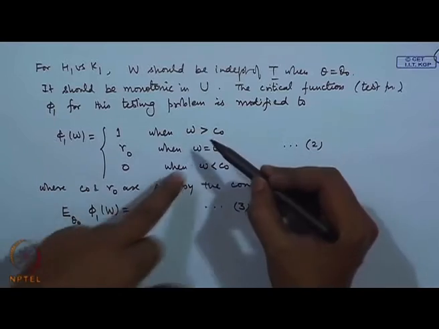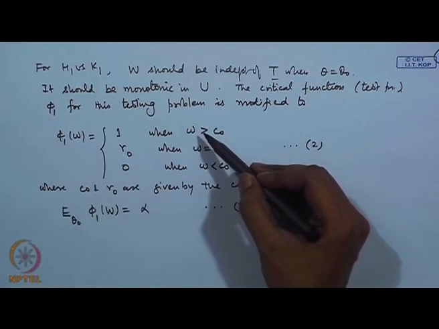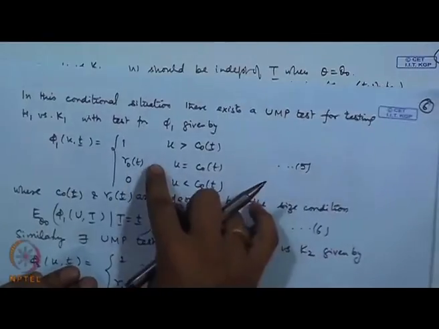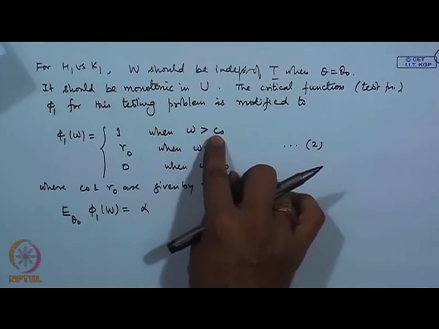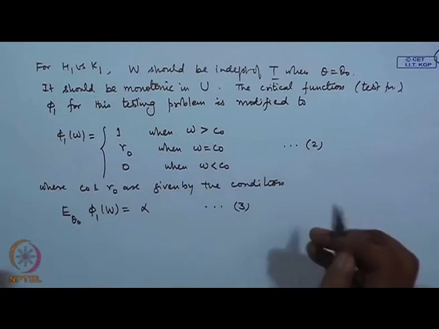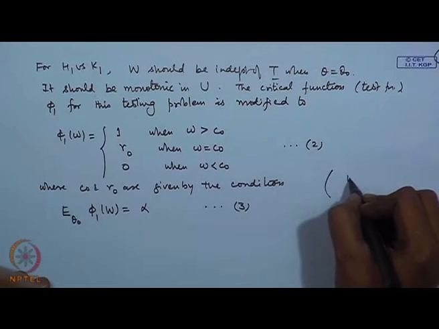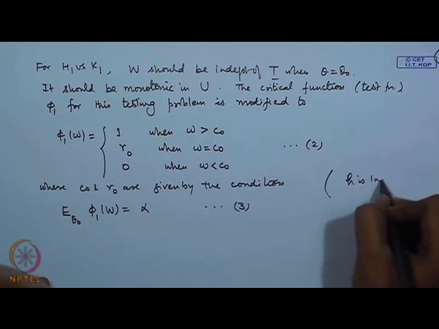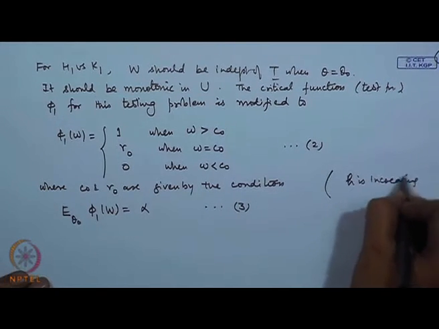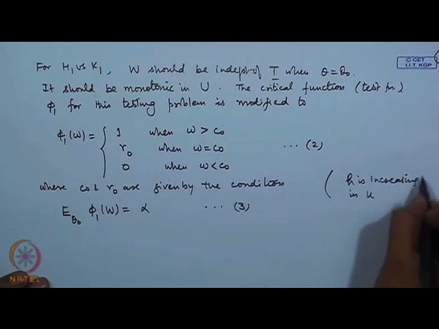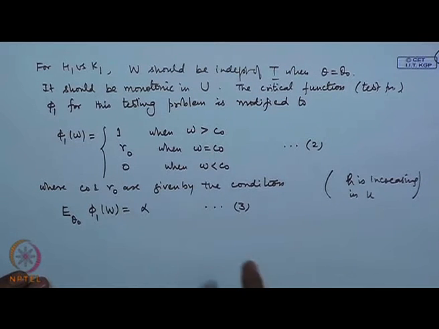One thing we should notice here: I have maintained the same sign, like here u was greater than C naught and here it is w is greater than C naught. If we do that, then we have assumed that h is increasing in u. If h is decreasing in u, then this will get reversed here.